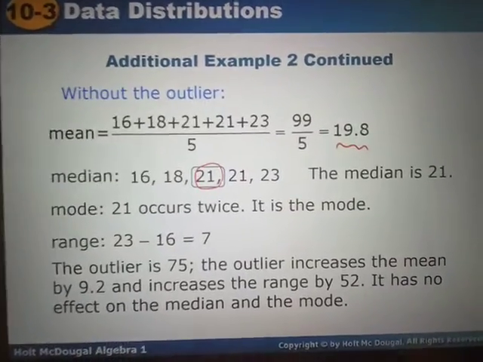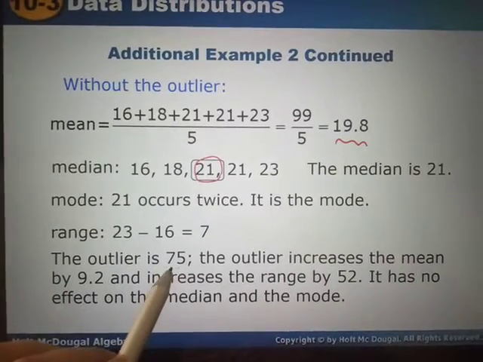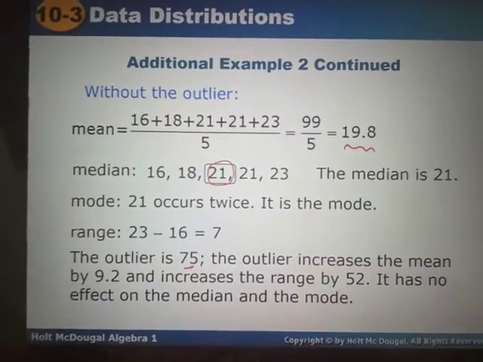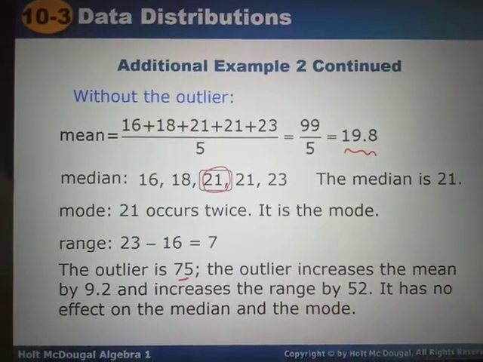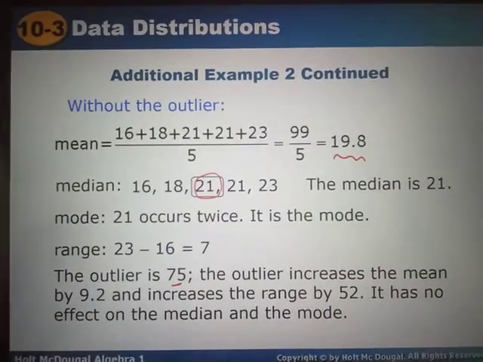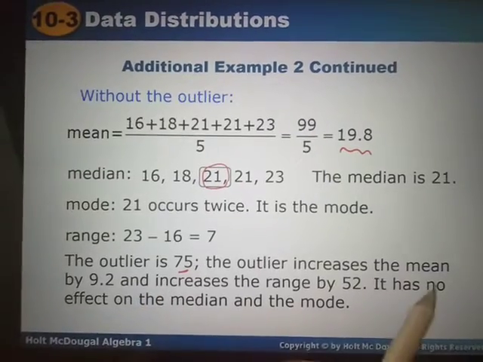So what is the conclusion here? The outlier is 75. The outlier increases the mean, of course, because we add 75 to the summation of the other values. So by how much does the outlier increase the mean?